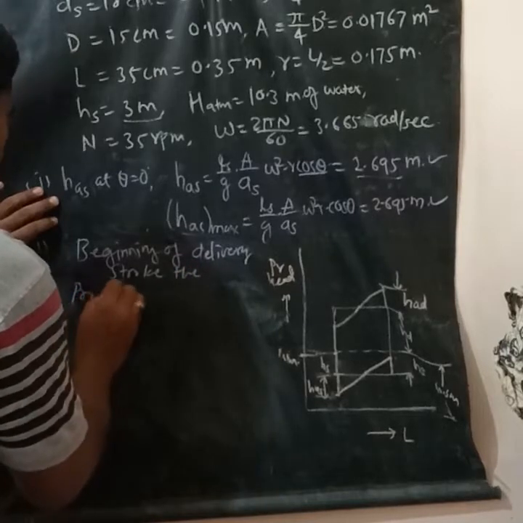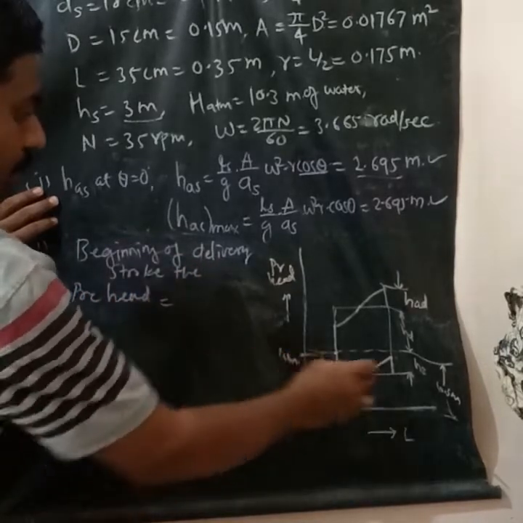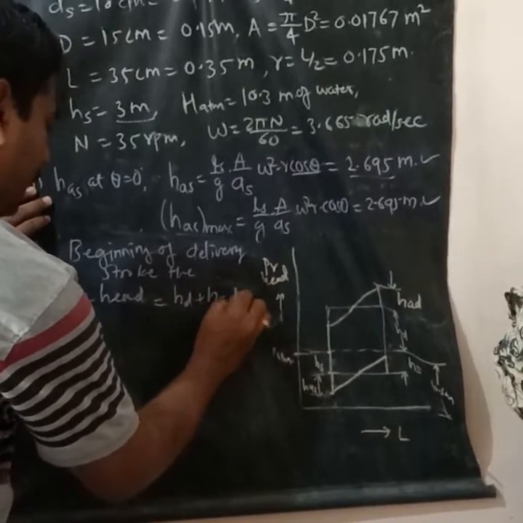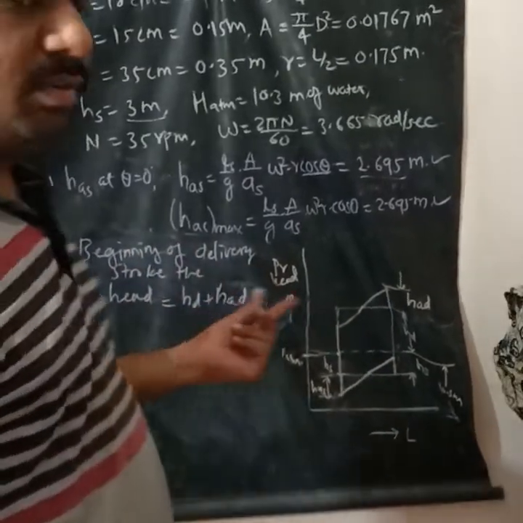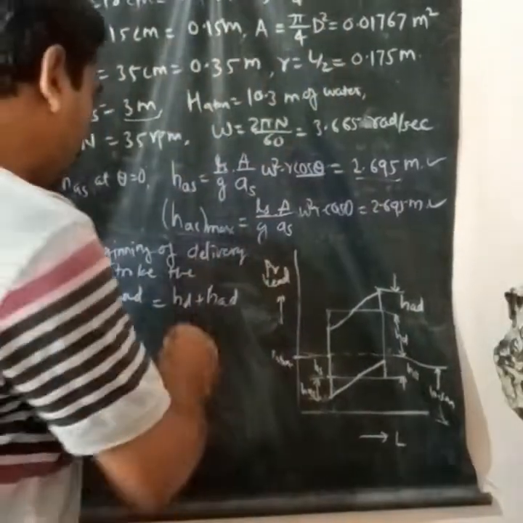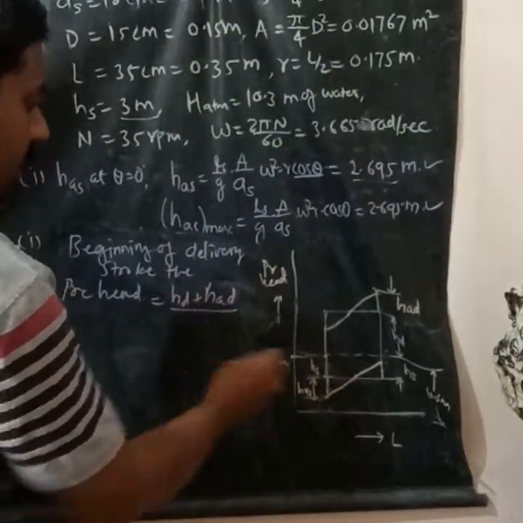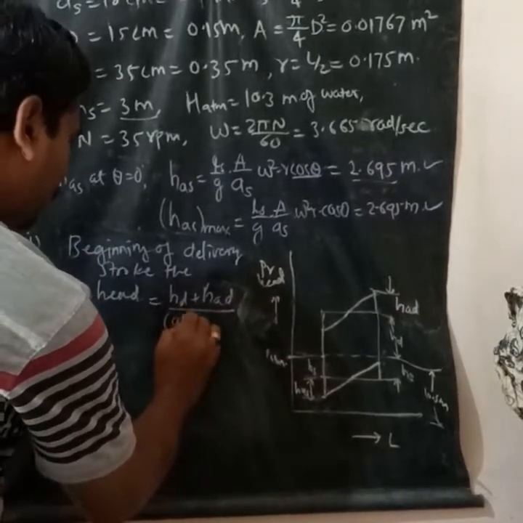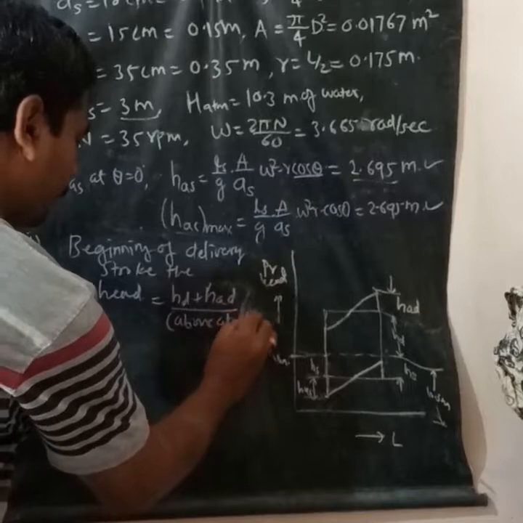the pressure head is equal to HD plus HAD. In this particular problem, the values for the delivery pipe are not mentioned, but if they are mentioned in the problem, then we have to use this formula for the calculation. So this HD plus HAD will be representing the pressure, but it is above the atmospheric pressure.